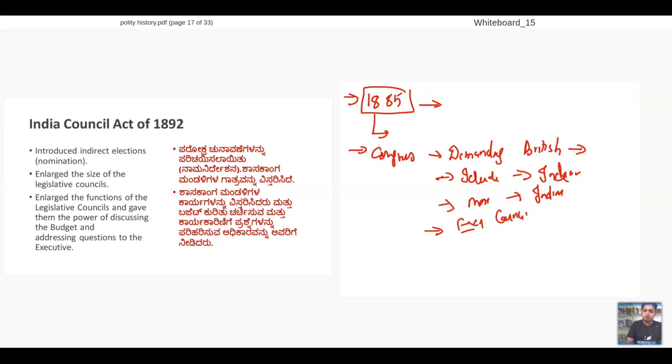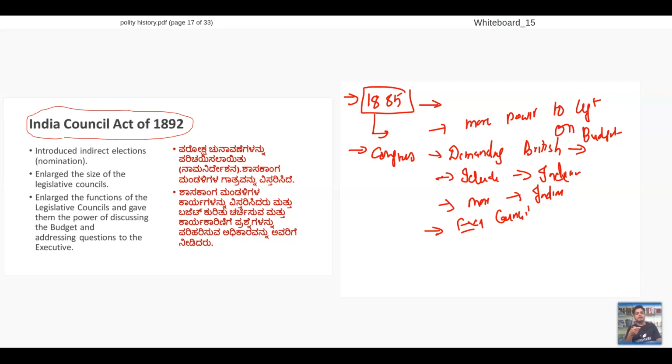Or give more power to legislative council on budget. They were asking this. When they were asking this, isn't that going to be considered by Britishers, to come out with Indian Council Act of 1892?